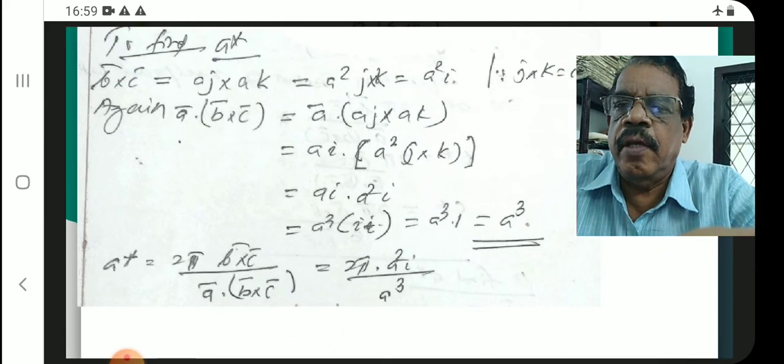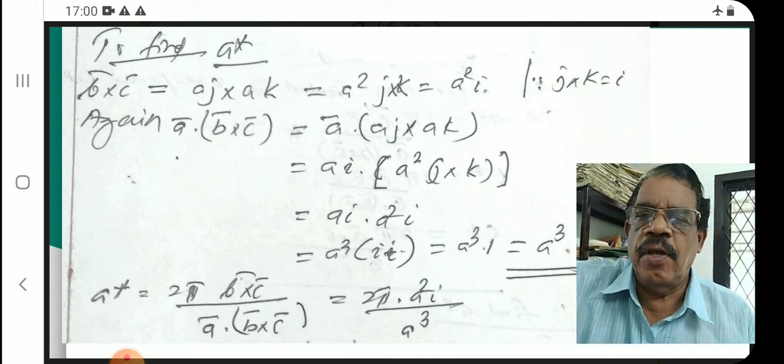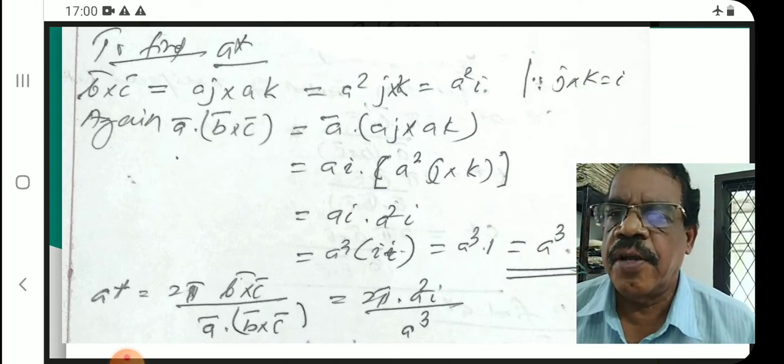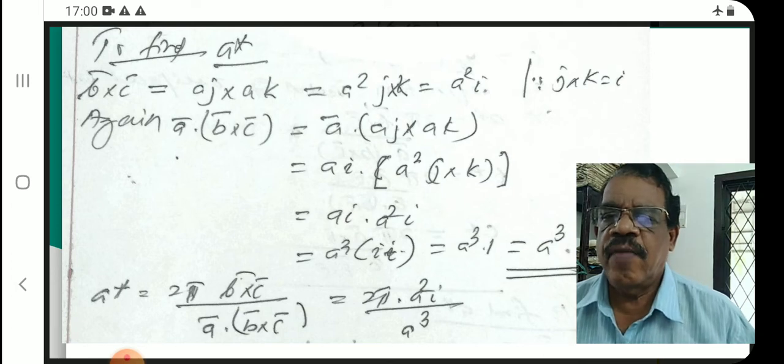Now we can see the finding of a star, b star, etc. To find a star, we have to apply the formula.